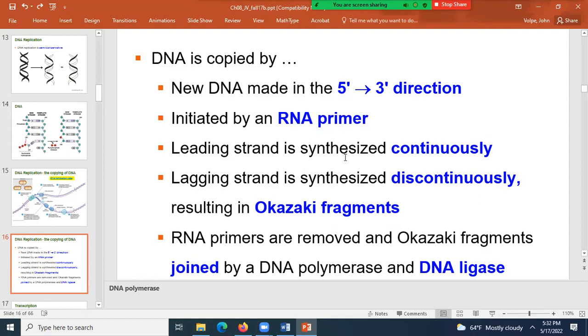The leading strand is synthesized continuously, the lagging strand discontinuously, resulting in Okazaki fragments. Dr. Okazaki is the one who discovered that. That's why it's called Okazaki fragments. And then you should know that DNA ligase anneals the DNA.